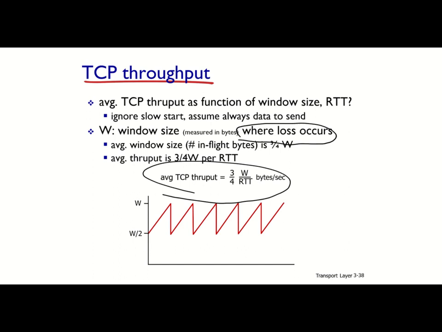The logic behind this formula is that this line is at 3W divided by 4. So the y here is equal to 3W divided by 4. This line is an estimation of this zigzag plot.